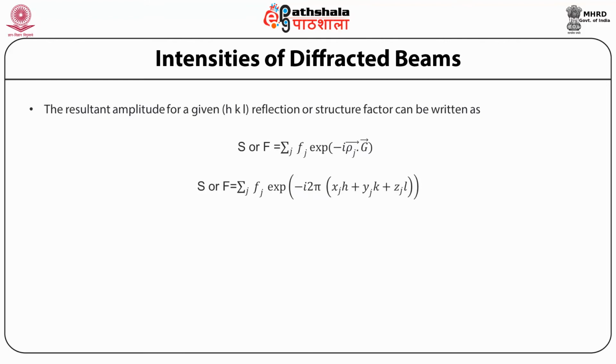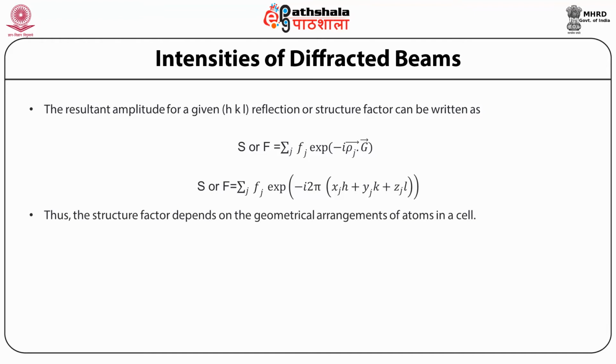The resultant amplitude for a given HKL reflection, or structure factor, can be written as S or F equals the summation over j of Fj exponential minus i rho j dot g. That is, S or F equals the summation over j of Fj exponential minus i times 2 pi times (xj h plus yj k plus zj L).